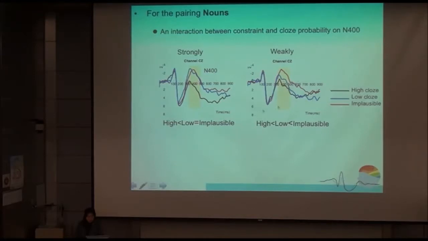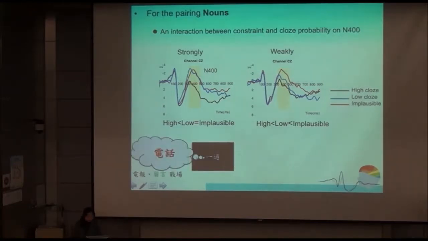But for the weakly constrained condition, we can see the gradient cloze probability effect: high cloze, low cloze, and impossible. So we think if we perceive a semantically strongly constrained classifier, the participant would generate the best completion like 电话.